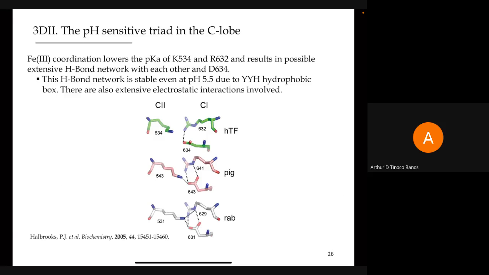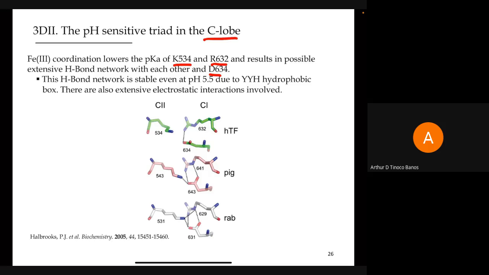And so in the C lobe, we have something very similar to what we observe in the N lobe, a dilysine trigger that can result in the opening of the protein. Well, on the C lobe, there's this pH-sensitive triad, the amino acids that I referred to previously. You have a lysine, an arginine, and an aspartate group that are very near the metal binding site of the C lobe.